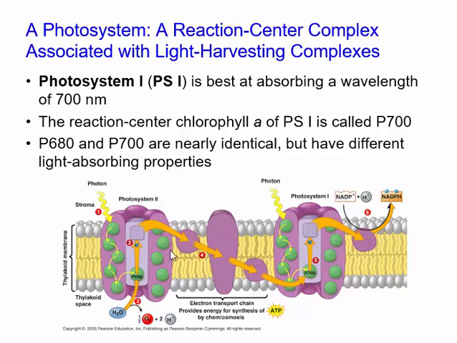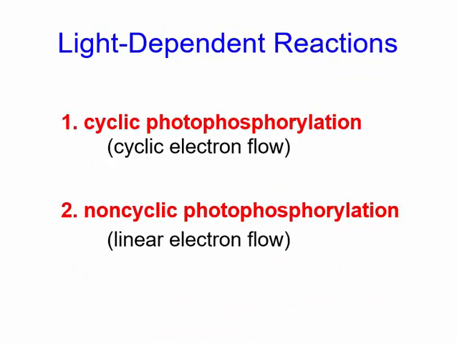And of course, it is really important what's happening in the middle here, and we will get to that. But let's look at this electron flow. So here we're seeing electron flow with the orange arrows, ultimately being passed off to this electron carrier over here. But let's look at this in some more detail. So electron flow can be cyclic, and we're still going to be able to produce some ATP as a result of cyclic electron flow.